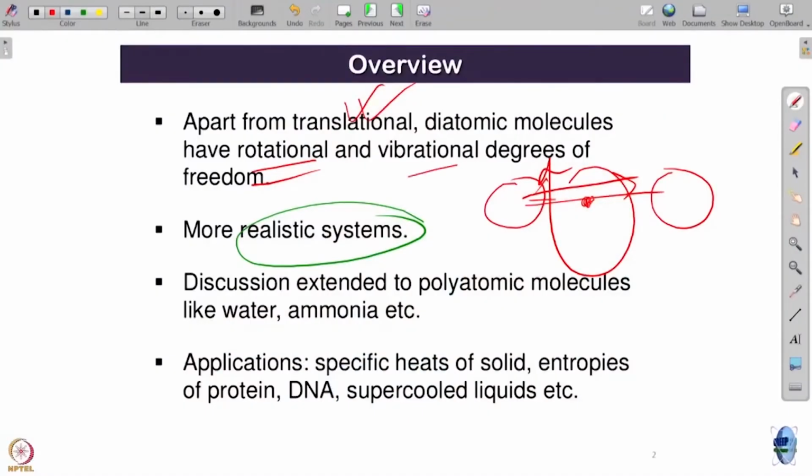But we do have to take care of rotation and take up vibration, and as I repeatedly say, we will go back to quantum mechanics and find the energy levels for vibration and rotation, and use them. We can also do it classically. We can find the rotational kinetic energy and vibrational kinetic energy and integrate them the same way we did in translation.